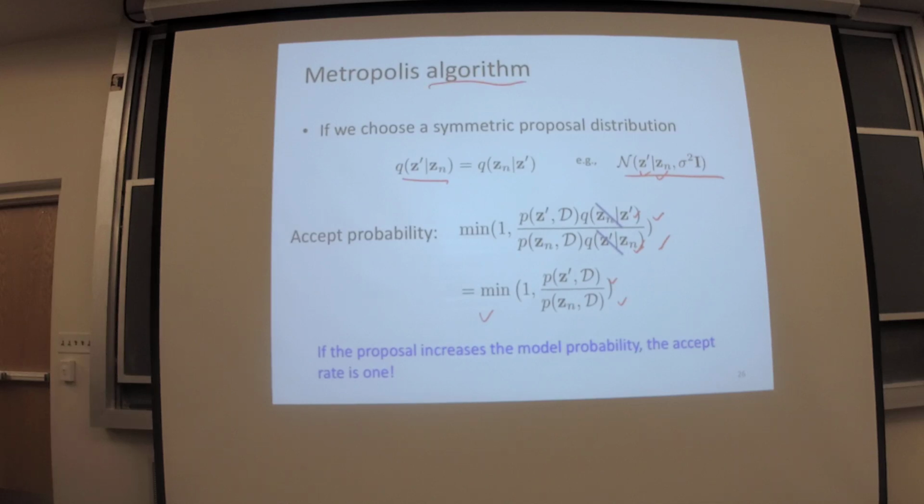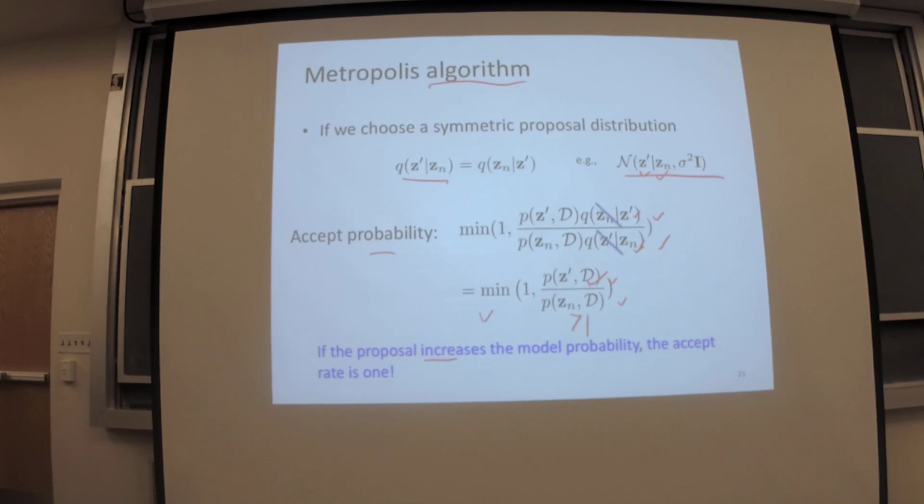Actually, the invention was in a different order. The Metropolis algorithm was first invented, and then came Metropolis-Hastings. So Metropolis-Hastings is kind of an extension or correction of Metropolis if I use a non-symmetric proposal. And it is interesting that in the Metropolis algorithm, if you use a symmetric proposal distribution and your proposal increases the model likelihood, this fraction is always bigger than 1.